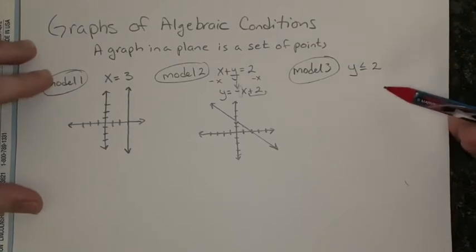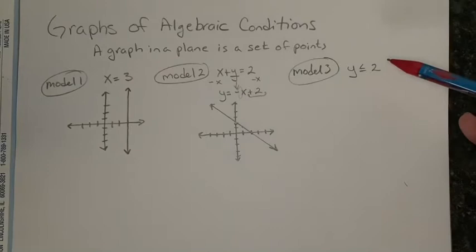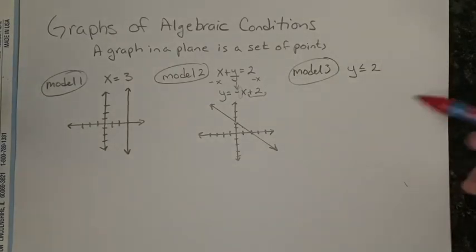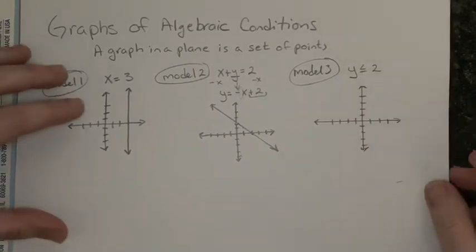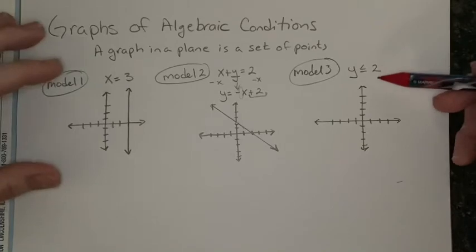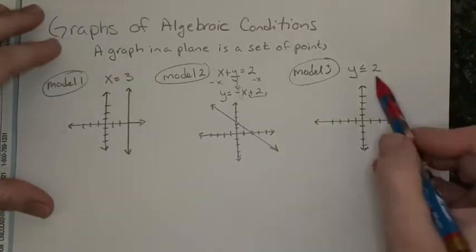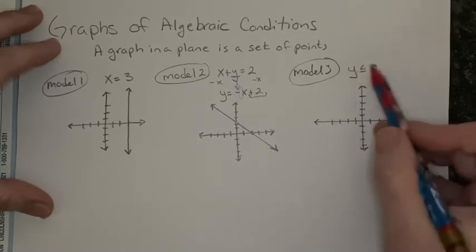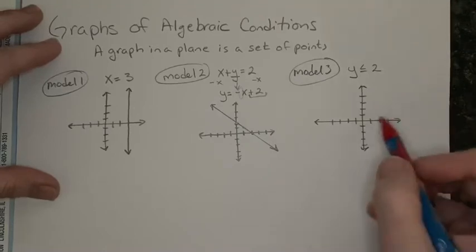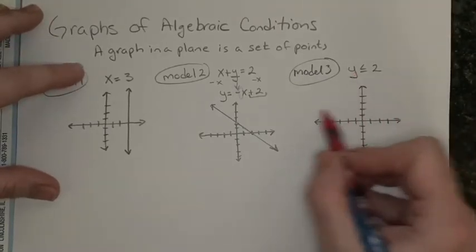Model 3 is a representation of an inequality. Still, we want ordered pairs that satisfy this equation, but it's set up a little bit differently. When we graph y is less than or equal to 2, we want to know everywhere that y is less than or equal to 2. But we're going to start with the y equaling 2 part. Remember what I mentioned before, when we have y equal to a constant, it's going to be a horizontal line.